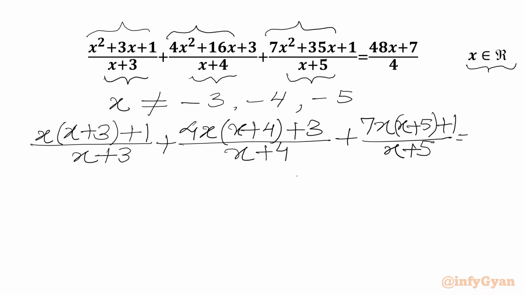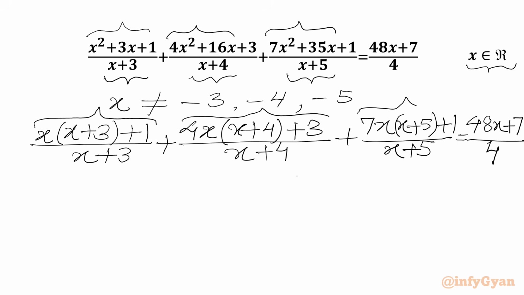And in RHS we will write 48x plus 7 over 4. Now we are going to split numerators with respect to our denominators.